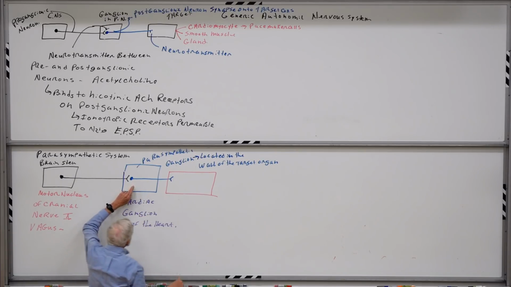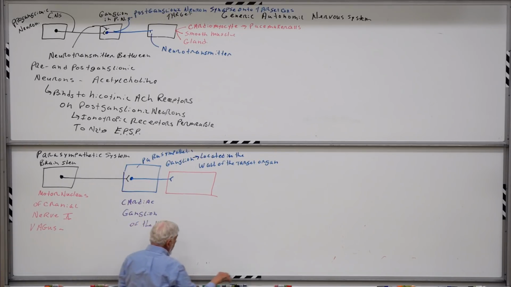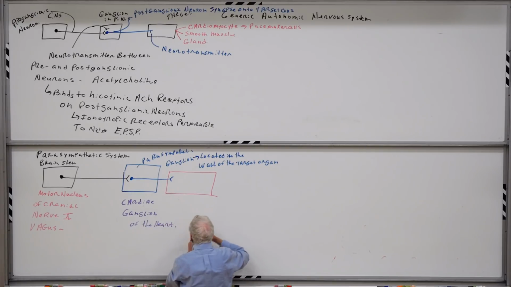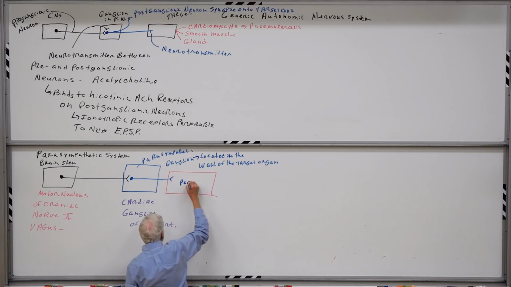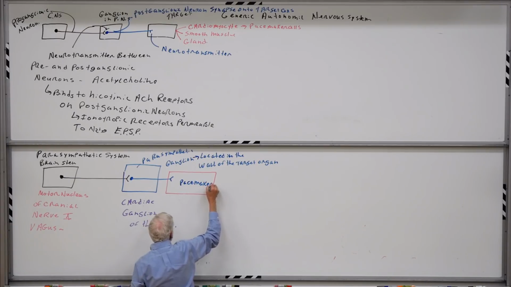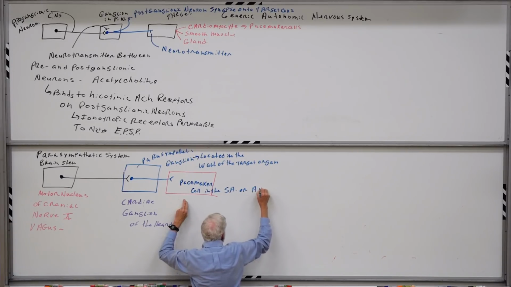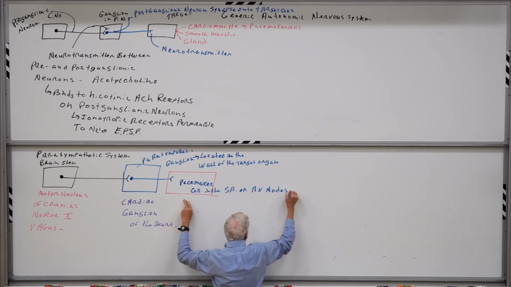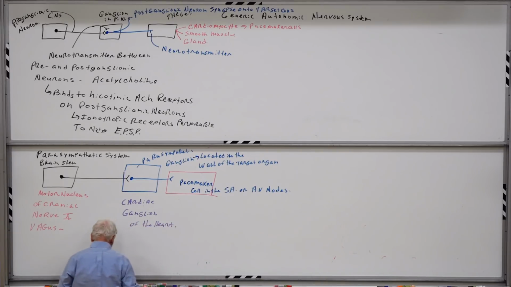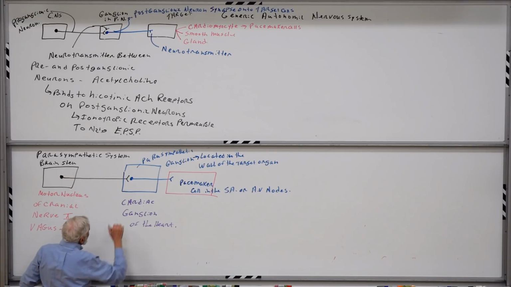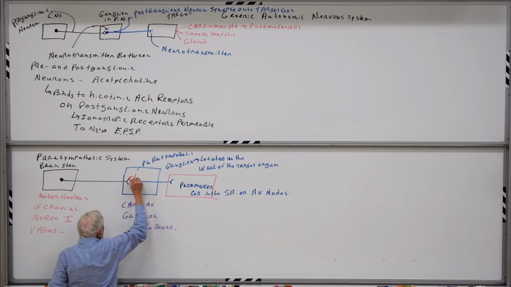Then this neuron, which we show in blue, the postganglionic parasympathetic neuron, is now going to innervate the pacemaker cell in the SA or AV nodes. So as above, the neurotransmitter released here is acetylcholine.